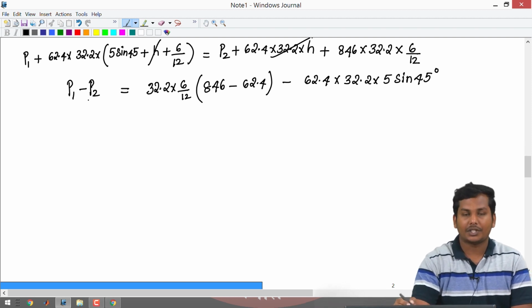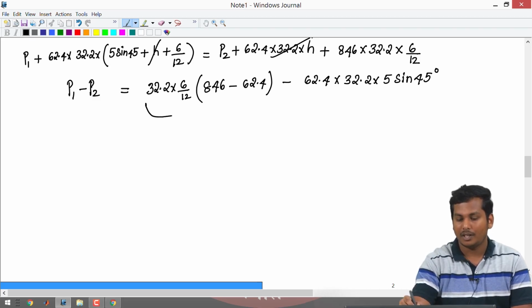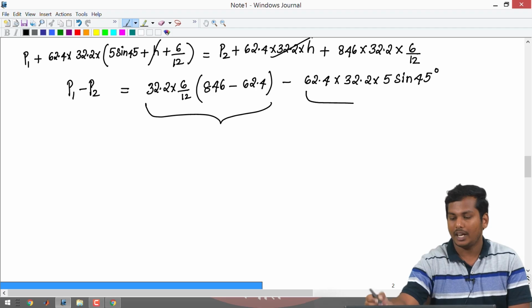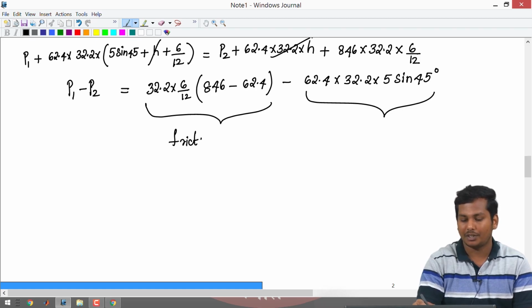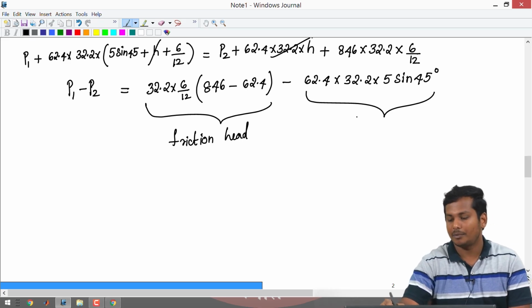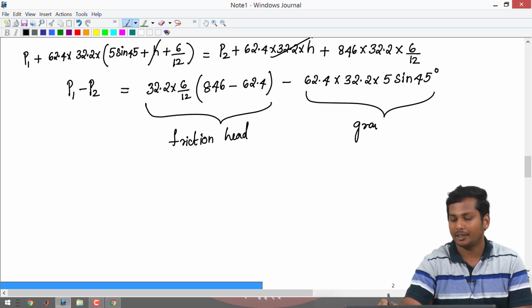This is the total pressure that we are supposed to calculate, and we have two parts here. This part of the pressure drop is coming from the friction. So, this is called the friction head, and this is coming from the gravity head.